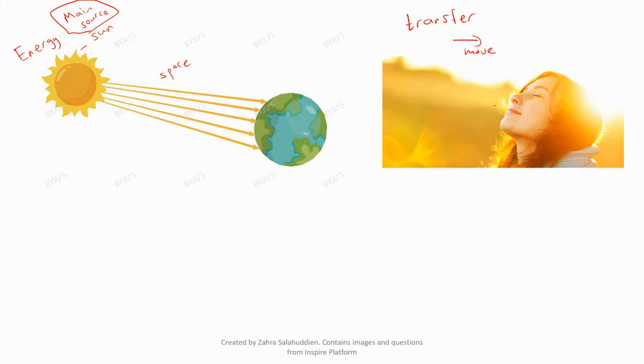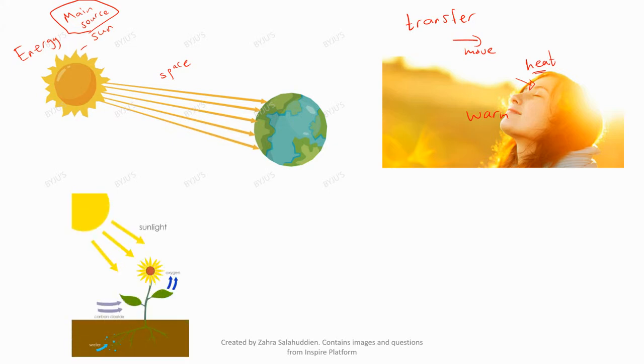We know it moved the energy through space because when we stand in the sun, our face becomes warm. That means the light energy from the sun has come to us from space and it has transferred light and heat to make us warm. Plants have taken the energy from the sun and used it to make food.